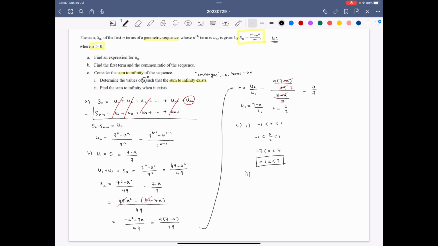Okay, so we assume that the result of part I holds, right? And then the sum to infinity formula is just this, very simple, simpler than the sum to n terms, right? And then U1 is 7 minus a over 7, and then 1 minus a over 7.